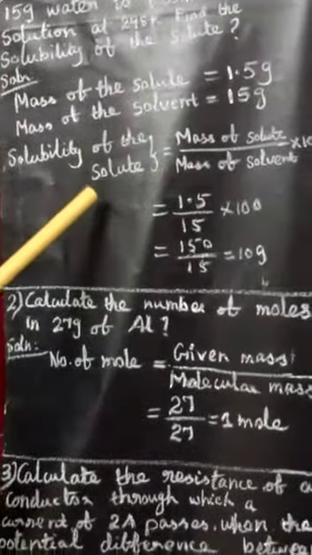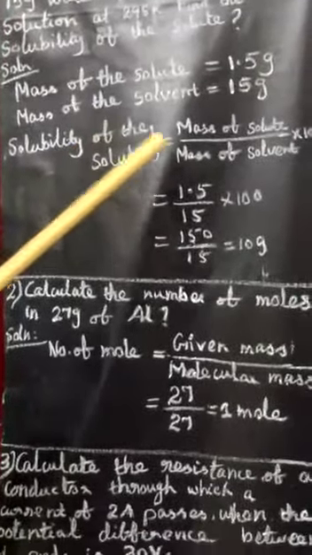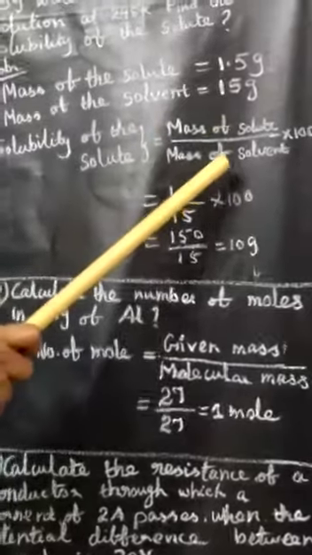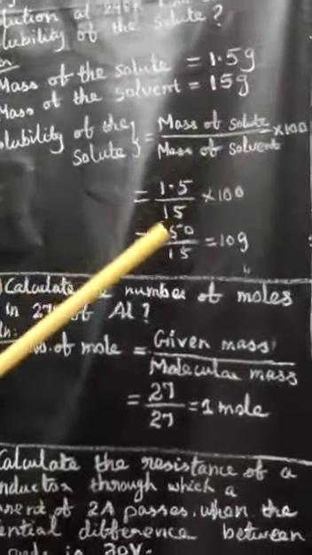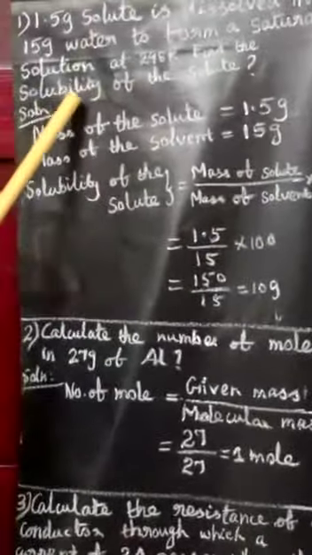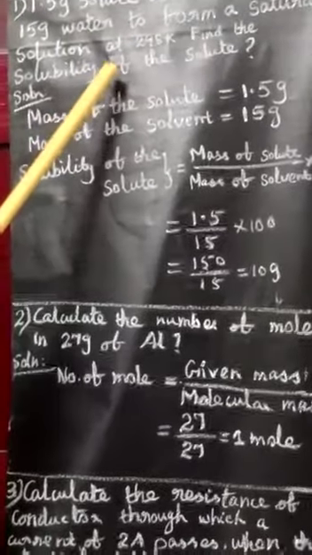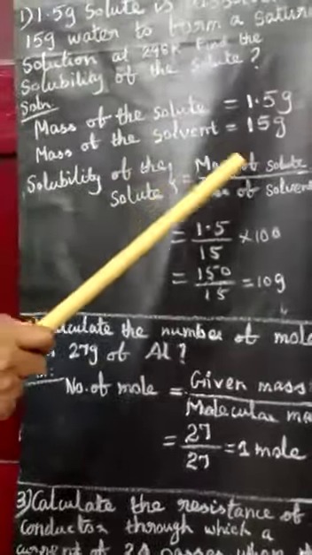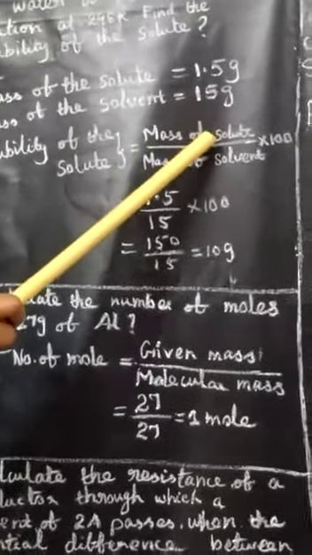The formula to find the solubility of the solute is: solubility of the solute is equal to mass of the solute divided by mass of solvent, into 100. We have to find the solubility of the solute. The mass of the solute is placed at the upper position.